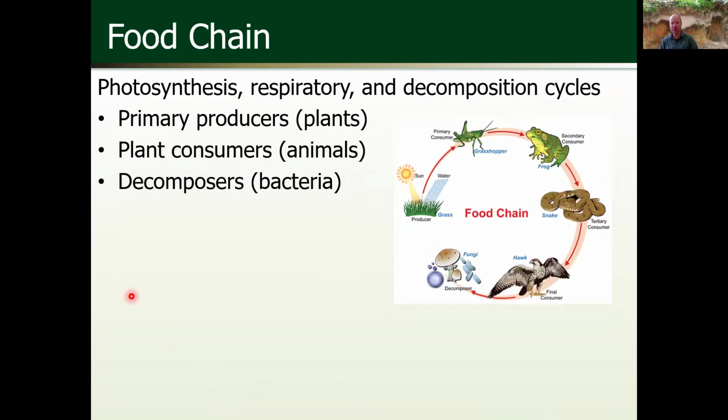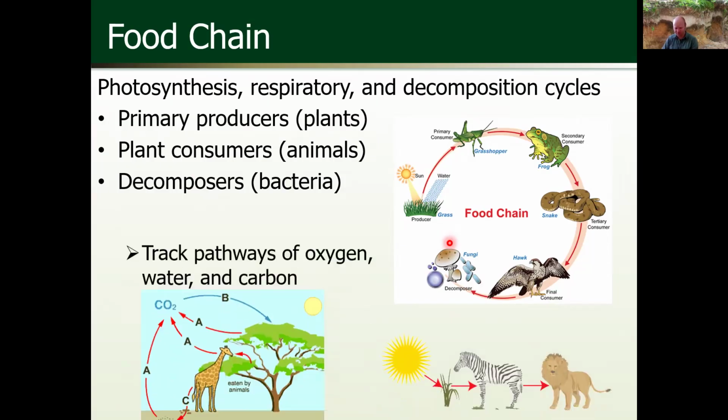So a little bit about the food chain, really kind of coming from primary producers, being plants or autotrophs. Then you have plant consumers, so herbivores eating the plants, and then you have levels of consumers like other heterotrophs that eat herbivores that are eating the autotrophs, and you can go up many levels depending on your ecosystem, but they often come full circle through this unique class called decomposers.